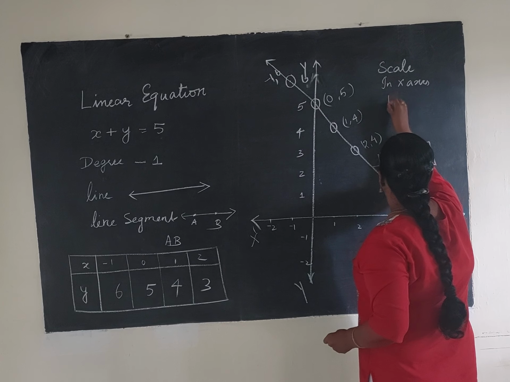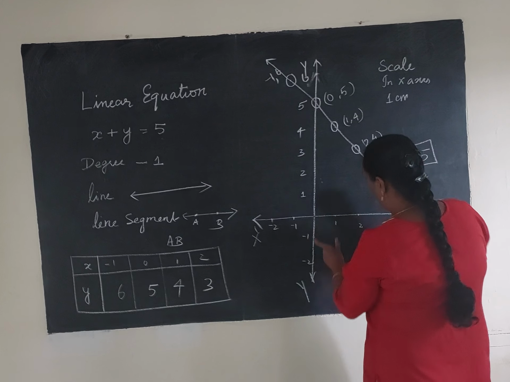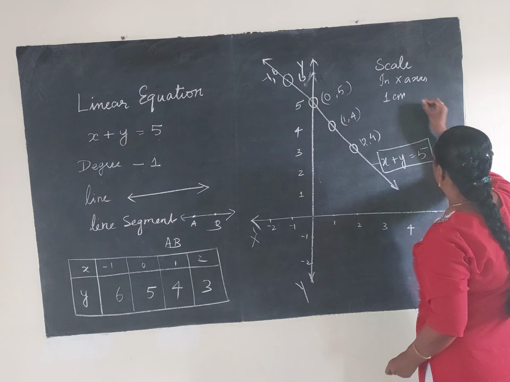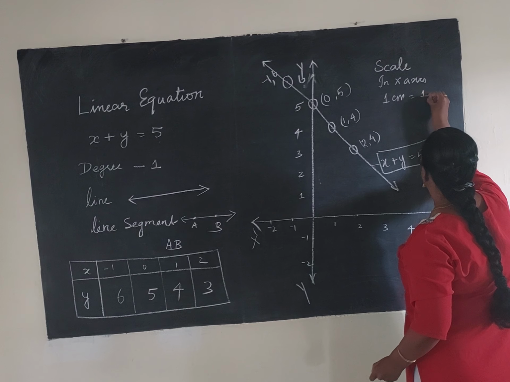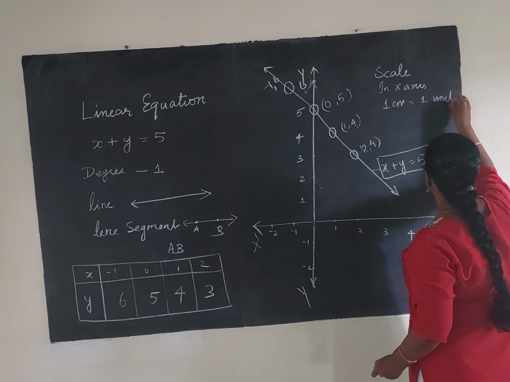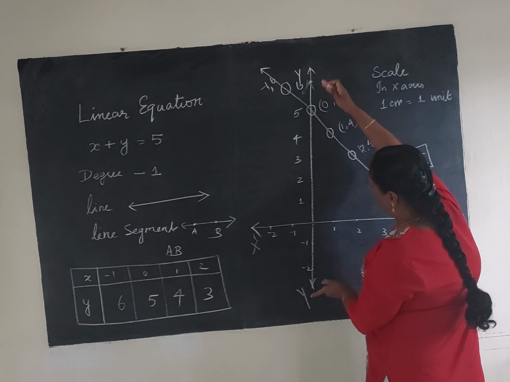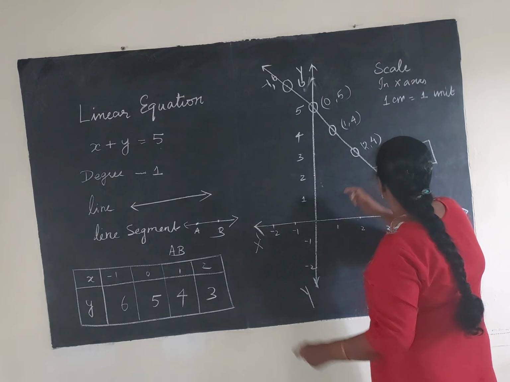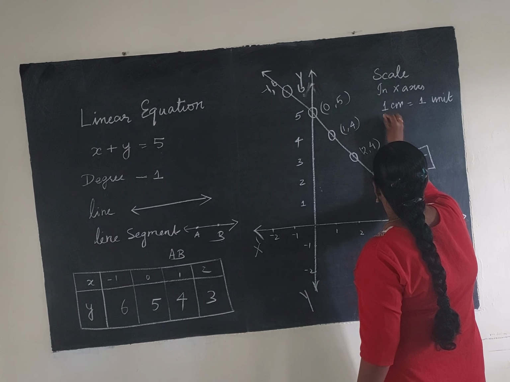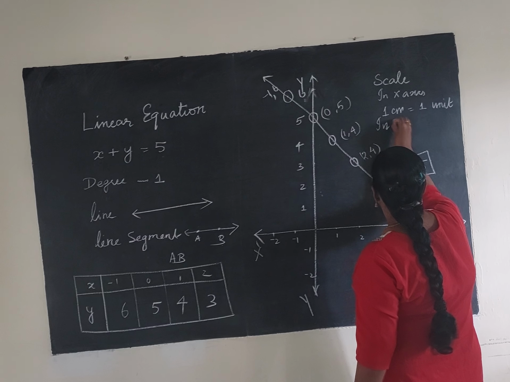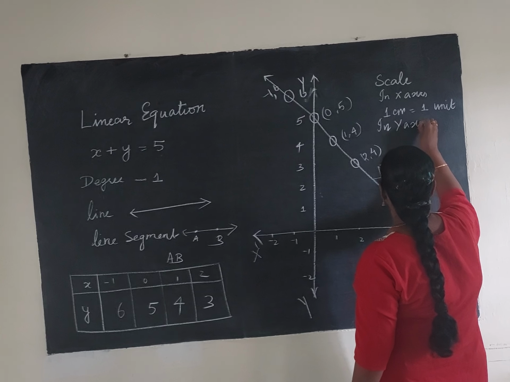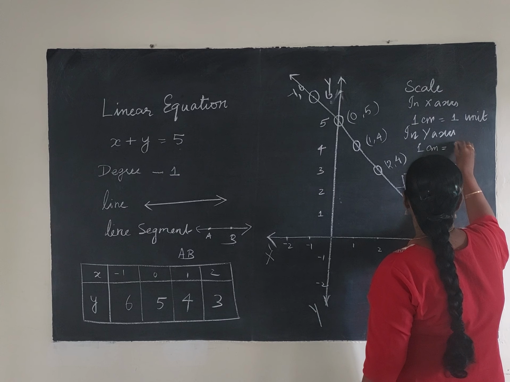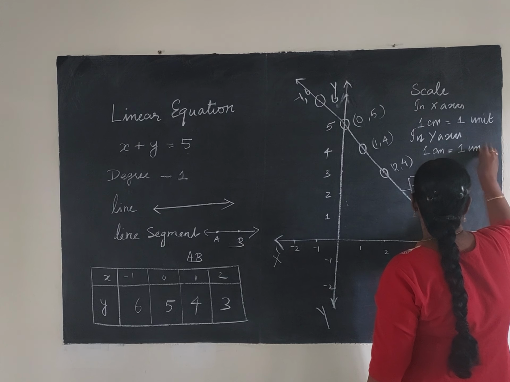In this problem, we take 1 centimeter equal to 1 unit. Similarly, in the y-axis, if you measure one box, it's 1 centimeter. In the y-axis also, 1 centimeter equals 1 unit.